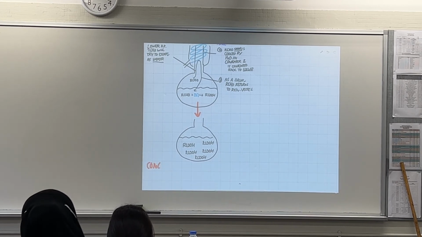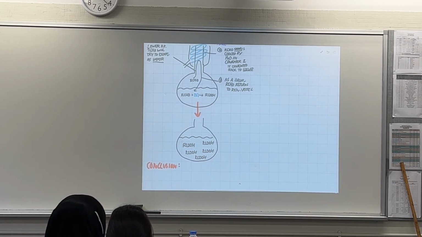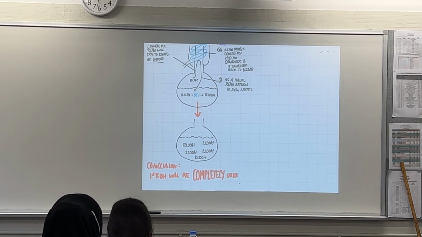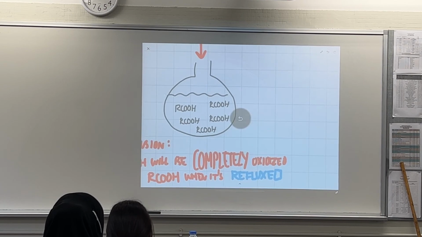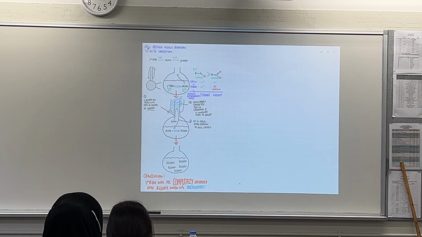The conclusion is that the primary alcohol will be completely oxidized into carboxylic acid when it is refluxed. You can also use reflux as a verb. Any question about how reflux would help push the reaction to completion?